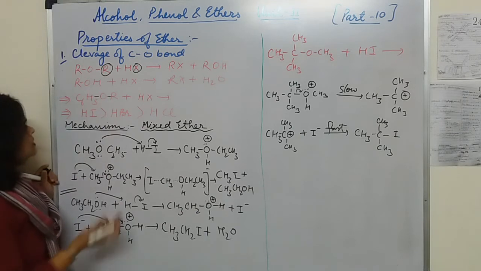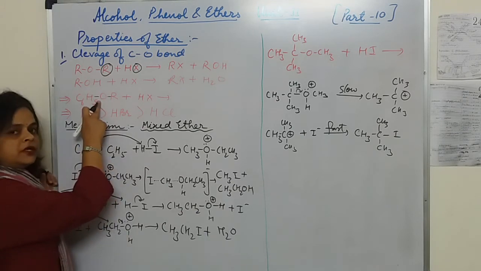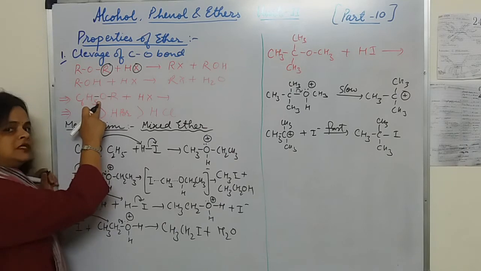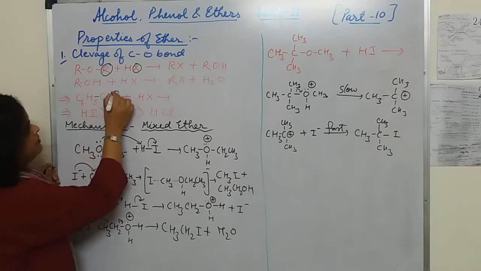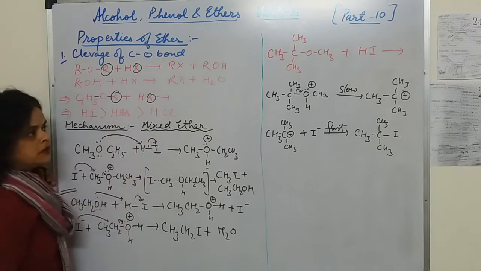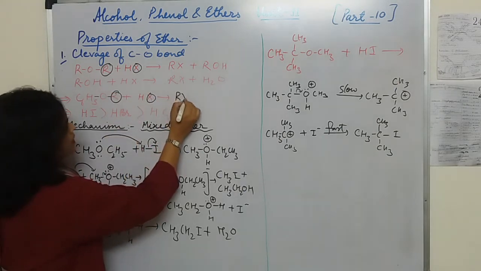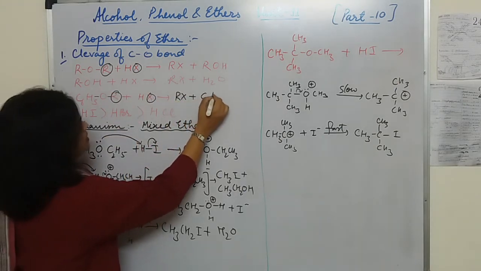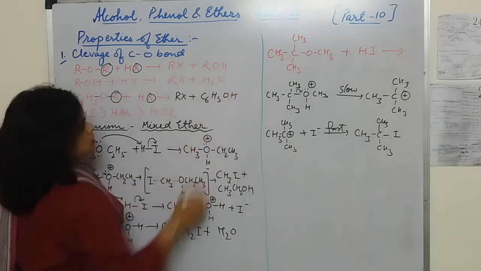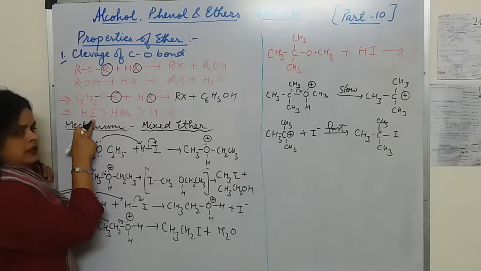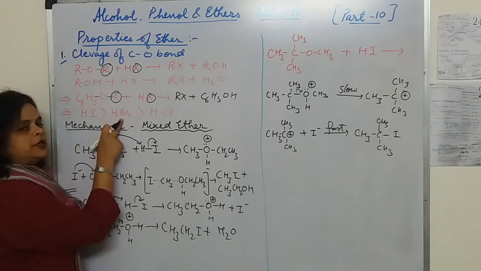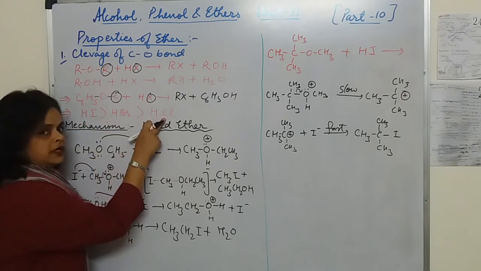As we had already discussed, this bond is comparatively stronger because it got partial double bond character. So this bond easily breaks and we get RX. Okay, so the product will be RX along with C6H5OH.